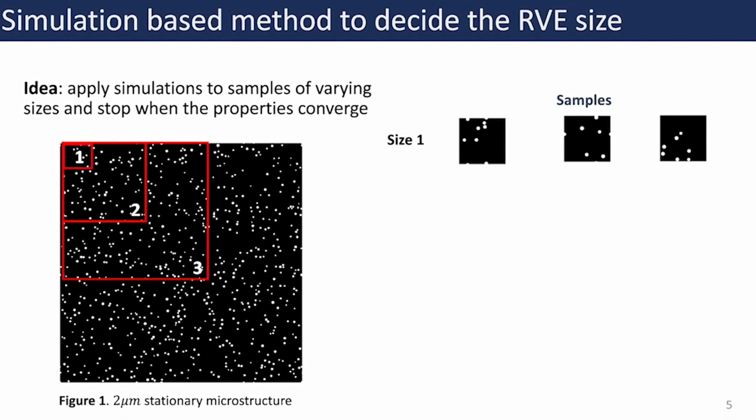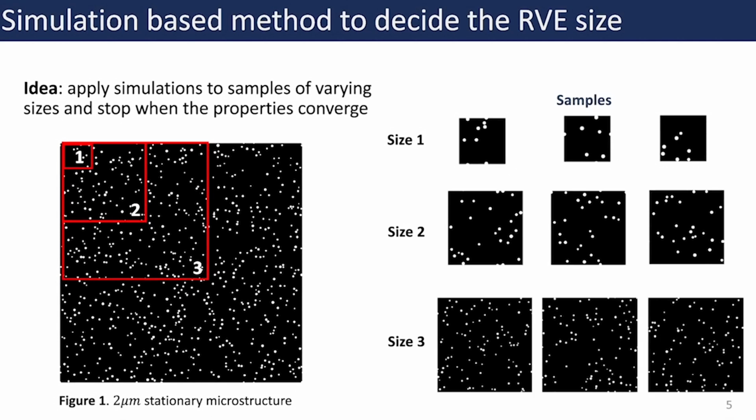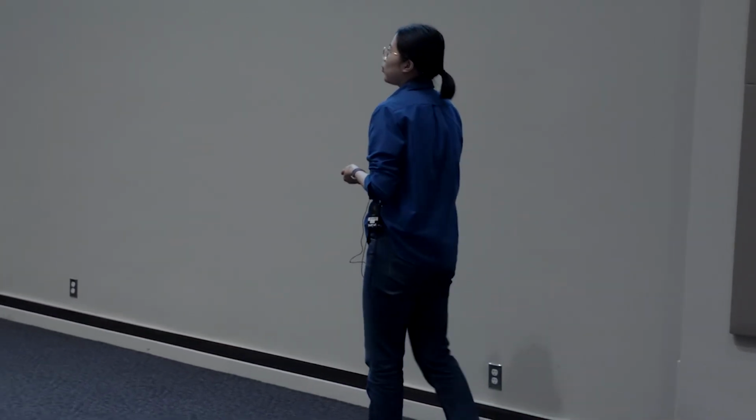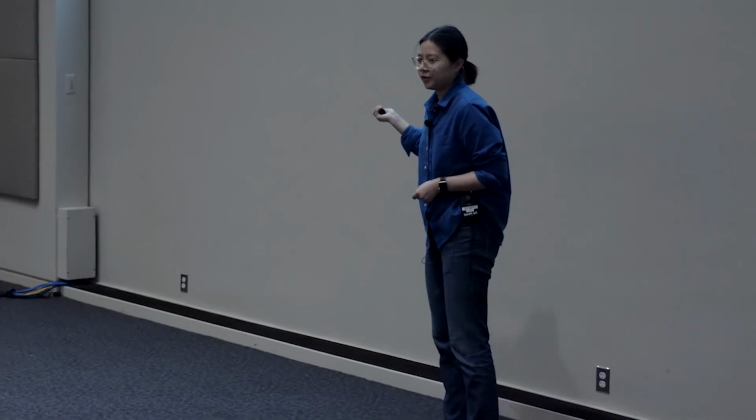Then we simulate on all these samples, get their properties, and plot their properties against the size. You can imagine there is a convergence in this plot. Once this convergence happens, we stop and say, hi, this is the RVE size we're targeting.